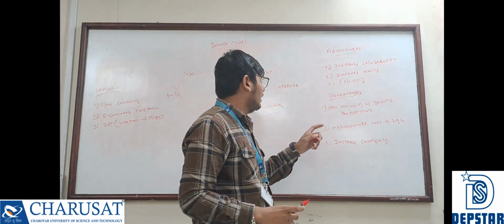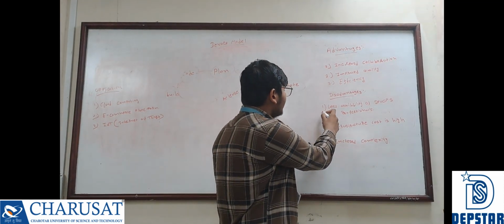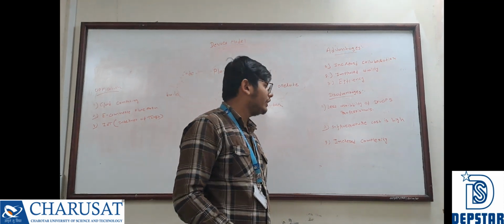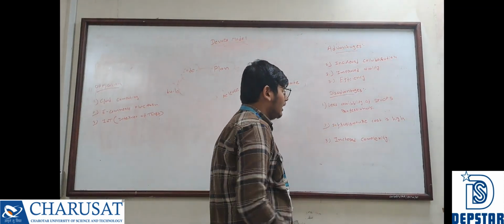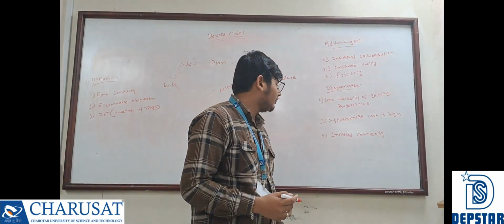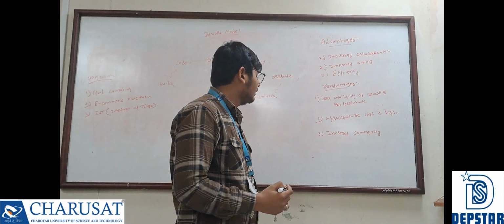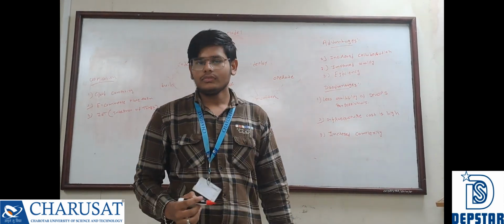And then the disadvantages of DevOps. First is the less availability of DevOps professionals. Second is that infrastructure cost is high. The DevOps model infrastructure cost is high, and the third one is increased complexity.